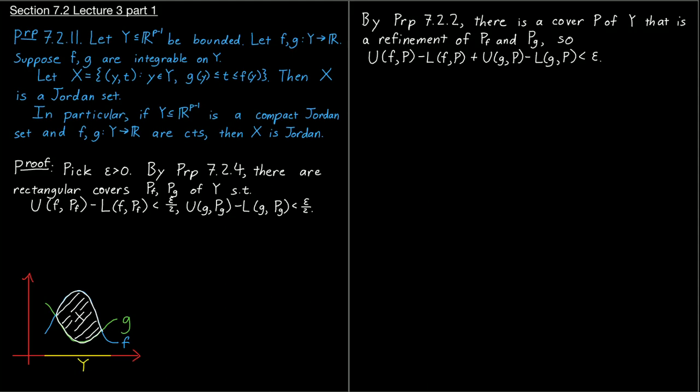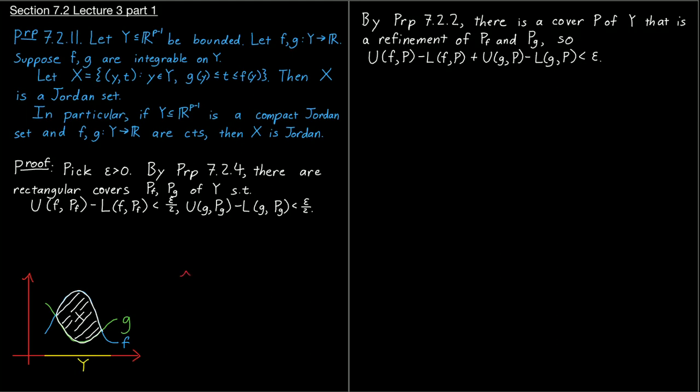Now we want to show that X is a Jordan set. That means we want to show that 1 is integrable on X. So we want to come up with a rectangular cover of X.